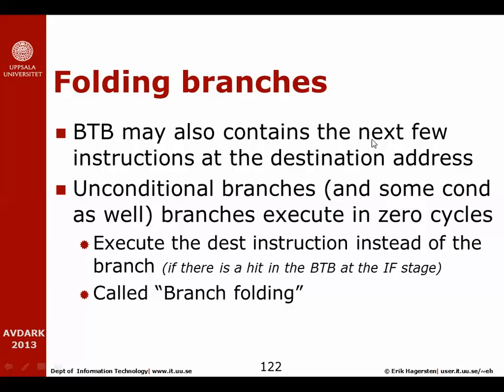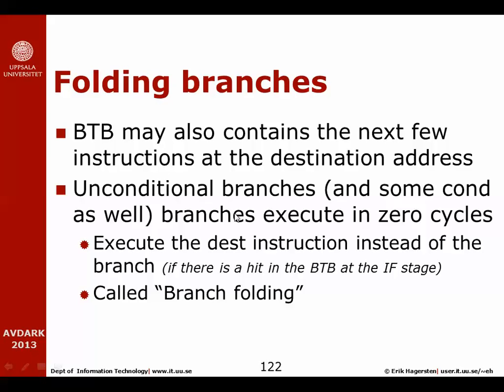So instead of having to fetch the instructions from memory if you're going on a new execution path, which potentially could involve cache misses and so on, you can store the next few instructions themselves in the branch target buffer. So you don't have to wait for the instruction fetch to take effect along this new path, you just execute whatever instructions are stored in the branch target buffer.